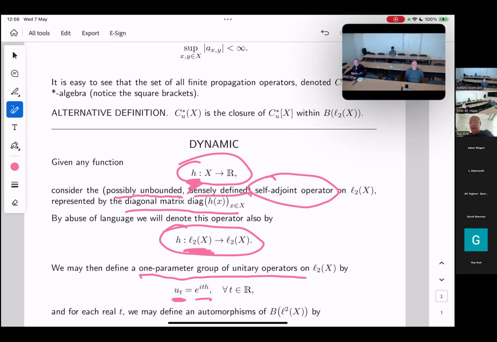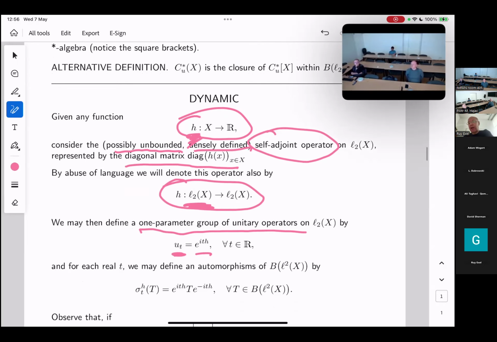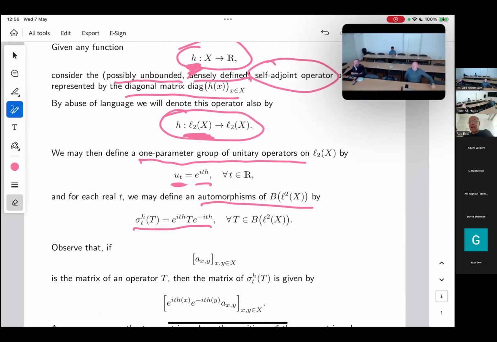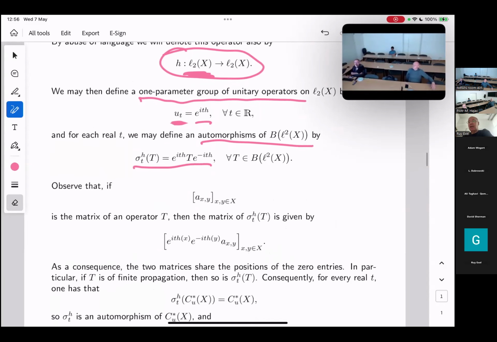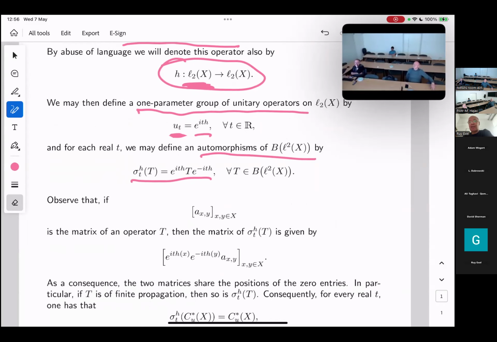And given this unitary operator, we can define an automorphism of the whole algebra of bounded operators simply by conjugation, right? Now, what happens if we conjugate an operator T by this unitary, from the point of view of the matrix of T? If this is the matrix of the operator T, what would the matrix of the conjugated operator be? Here is what you get.